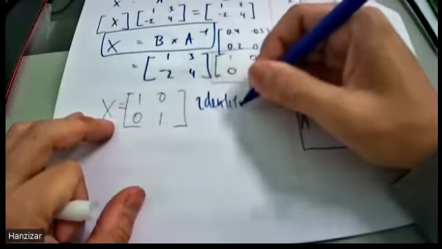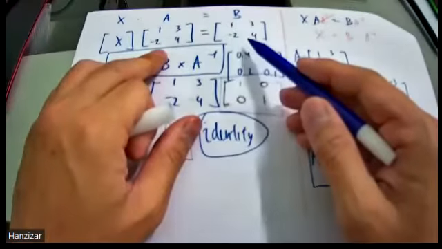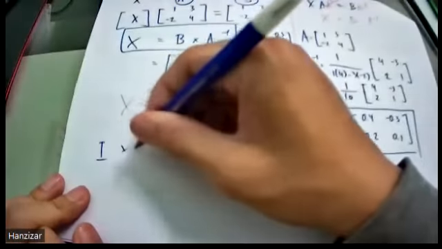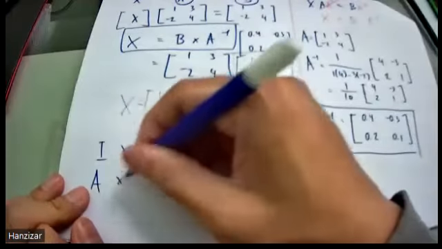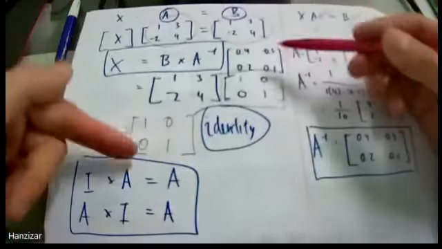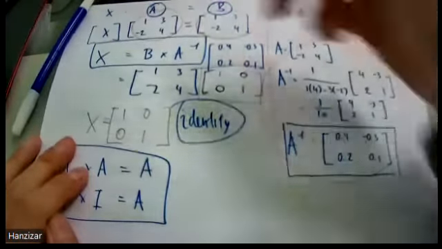This is called the identity matrix. Why is it the identity? Because you can see A and B are the same. You see all the elements are the same, guys: 1, 3, -2, 4 and 1, 3, -2, 4. So we are proving that I times A equals A, or A times I equals A too. If they are different, the answer will be different, but the method is the same, only the numbers differ. You need to find the inverse, and then you need to find the identity.